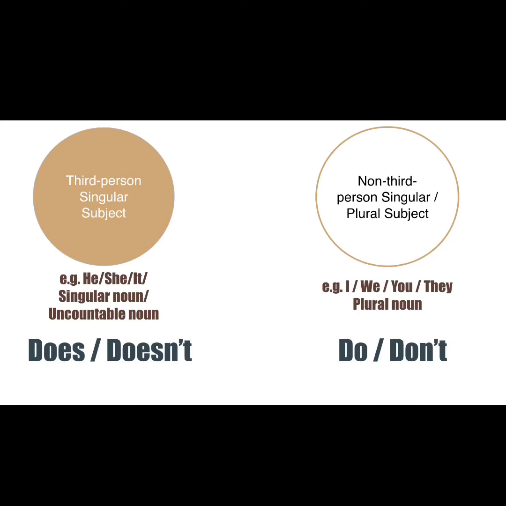If the sentence has a third-person singular subject, then we will use does or doesn't. If the sentence has a non-third-person singular or plural subject, then we'll use do or don't.